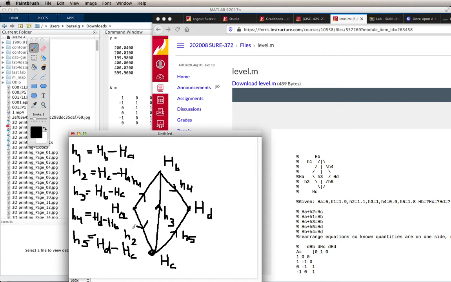So now we have to rearrange this so that the knowns are on one side and the unknowns are on the other side. So HA is a known, so that has to go on the one side. So for the first equation, it's going to be HA plus H1 is equal to HB. HA plus H2 is equal to HC.